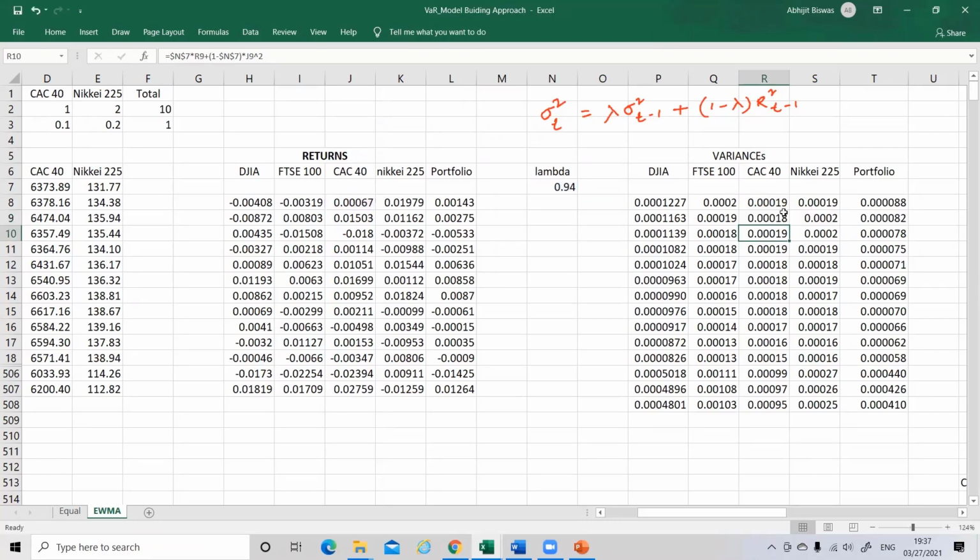This one, drag it till 507. Now go to Nikkei. Same way, first use var.p function to calculate the variance for the first day. Then you come to the next day. Use this formula again. Lambda into previous day's variance plus 1 minus lambda into previous day's squared return.